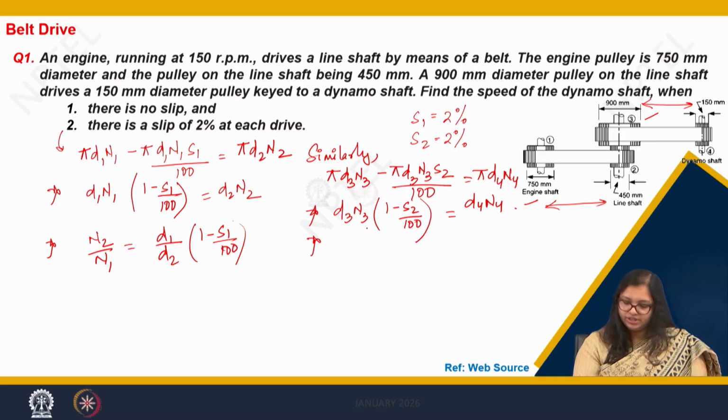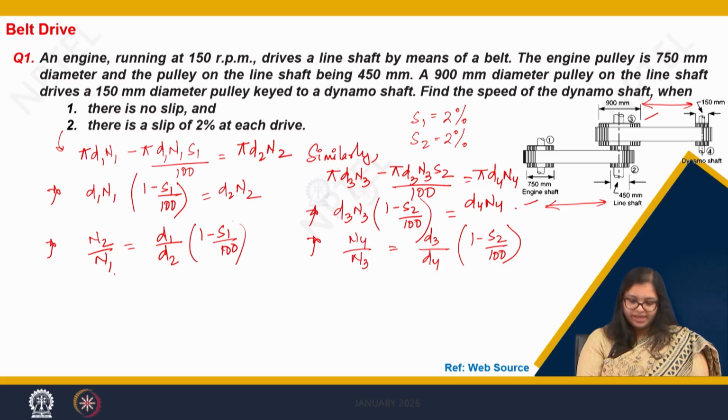And here our equation becomes n4 by n3 is equal to d3 by d4 (1 minus S2 by 100). Now, we multiply the LHS of this equation with the LHS of this equation and RHS of this equation with the RHS of this equation.